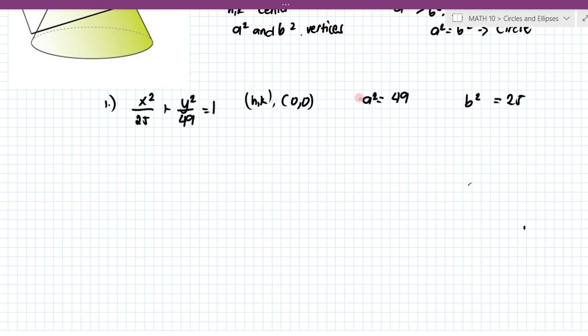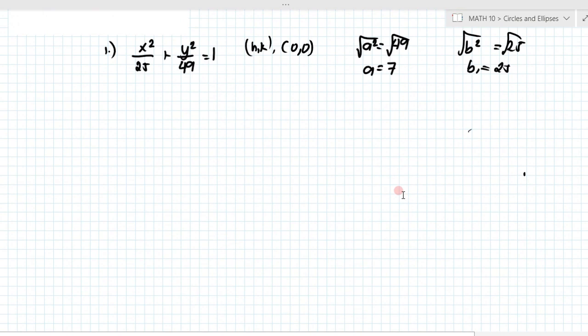So we need to find our a. To do that, we need to square root both sides. a is equal to 7, and do the same thing on b. So b is 5. There we go. Next step is we need to find our vertices.